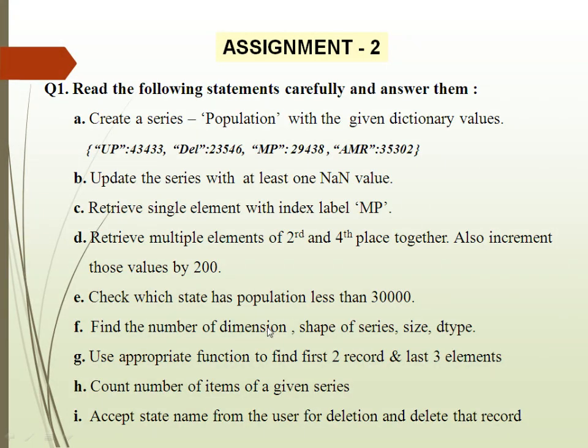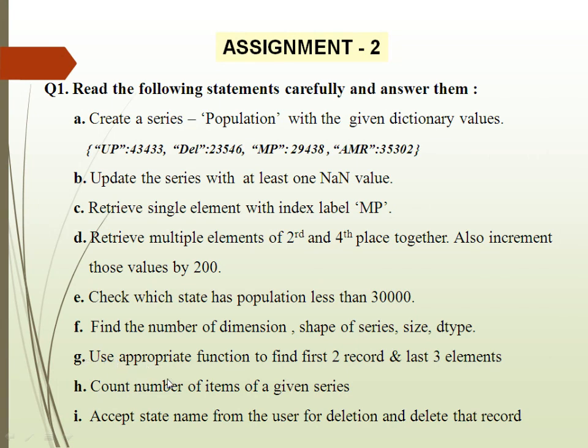Find the number of dimensions, shape of the series, size and dtype. So you have to simply apply all the attributes which I explained to you just now. Use appropriate functions to find the first two records and last three records. G part.